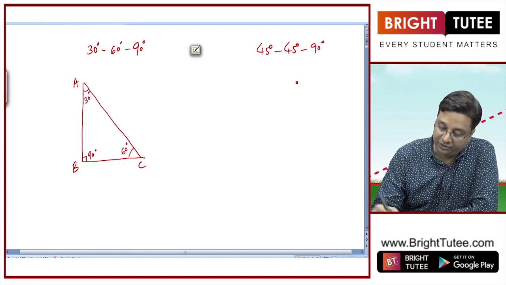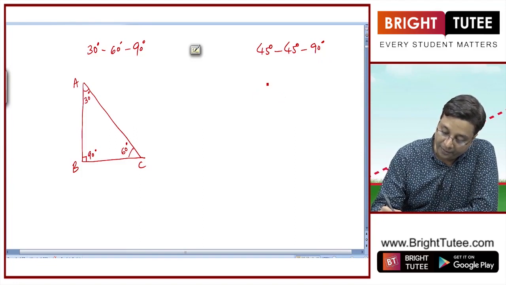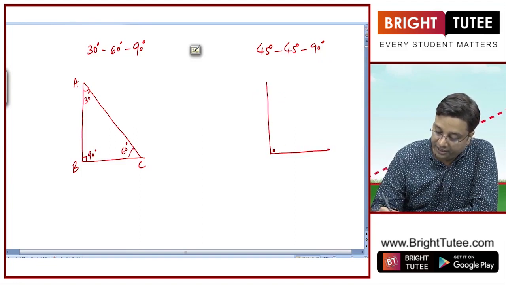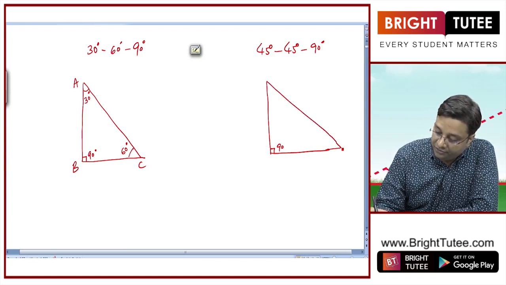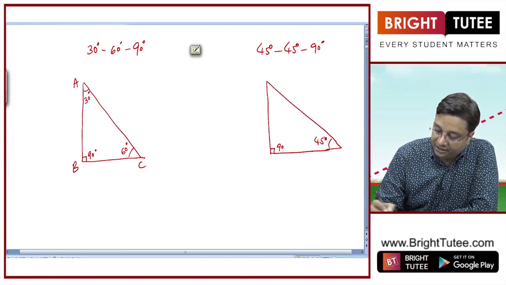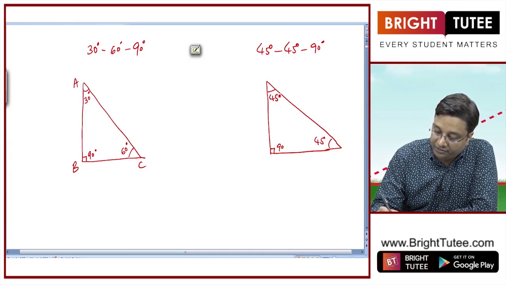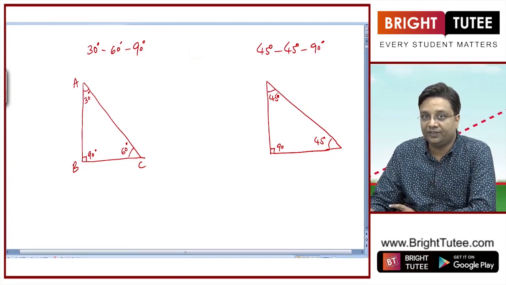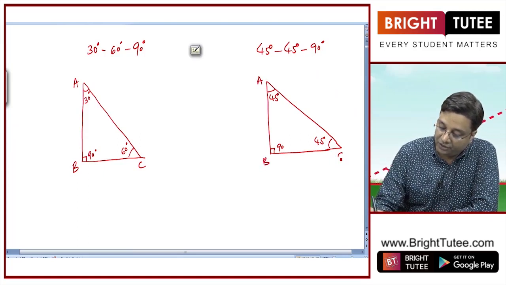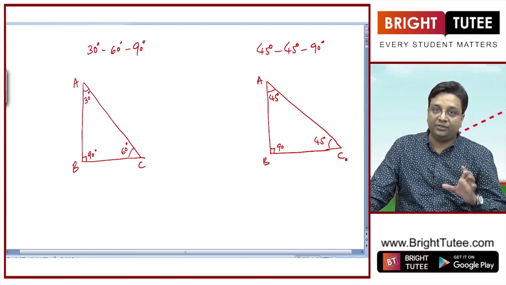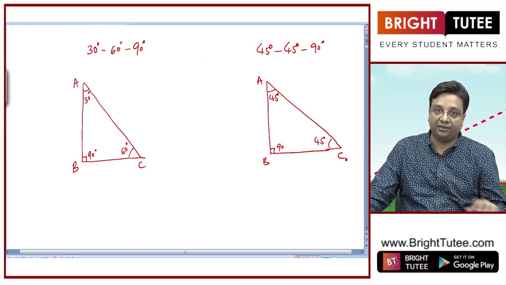And the 45, 45, 90 triangle I mean is, let me take this as 90 degrees. If one of these angles is 45 degrees, the other angle will also be 45 degrees, right? So now, what can you comment on the ratio of the sides of this triangle?